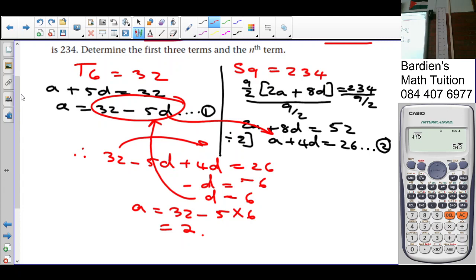Did I answer the question? No. So what are the first 3 terms? 2, then 8, and 14. I'm adding 6 to 2. These are the first 3 terms.